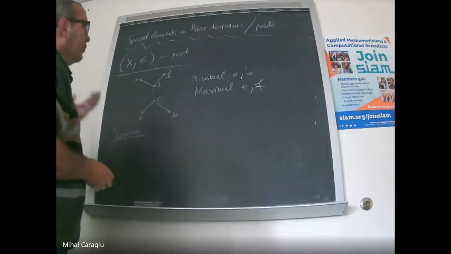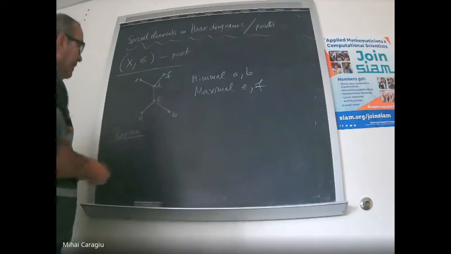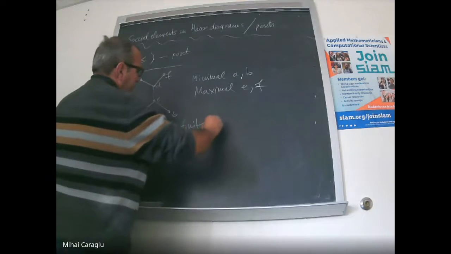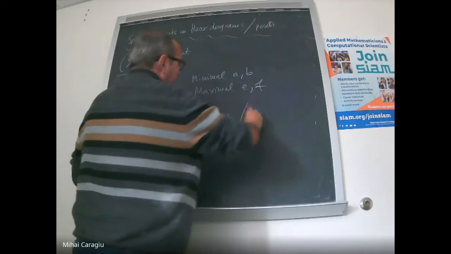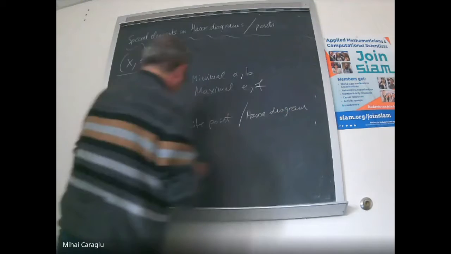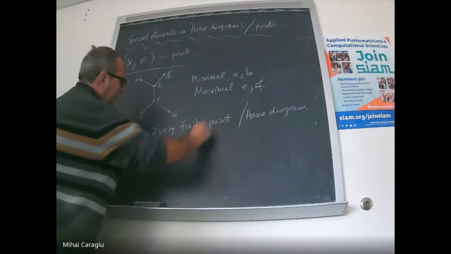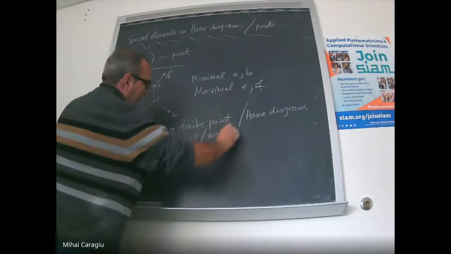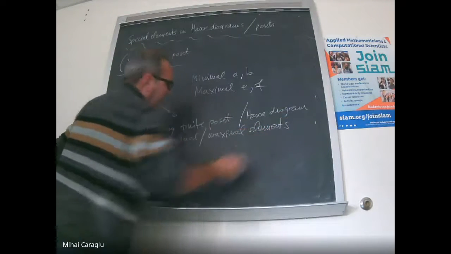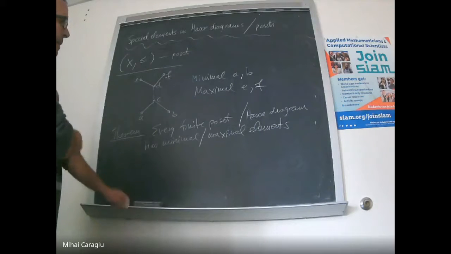Every finite poset, or every finite Hasse diagram, has minimal and maximal elements. No matter what, as long as it is finite, it has minimal and maximal elements.